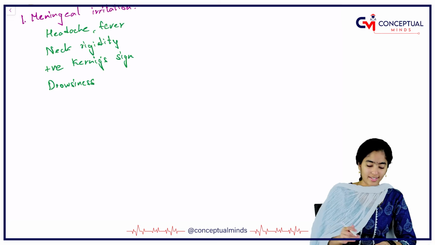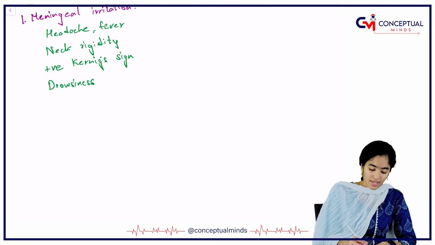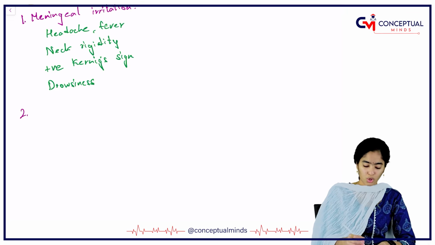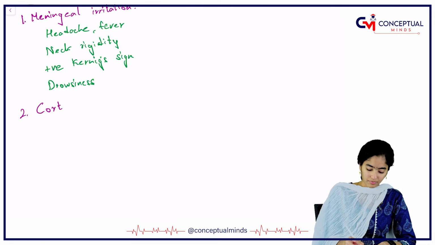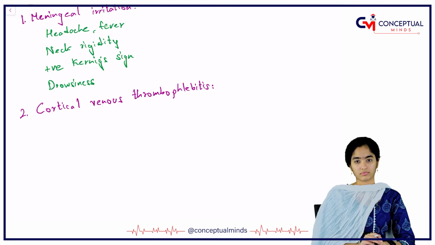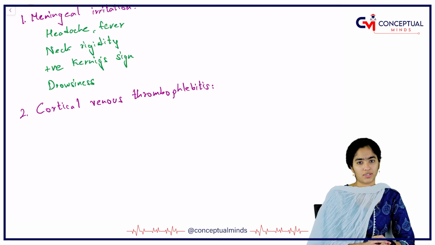This is one set of signs and symptoms. The second causative factor responsible for the clinical features is cortical venous thrombophlebitis. The veins that are overlying the cerebral hemisphere, they undergo thrombophlebitis.